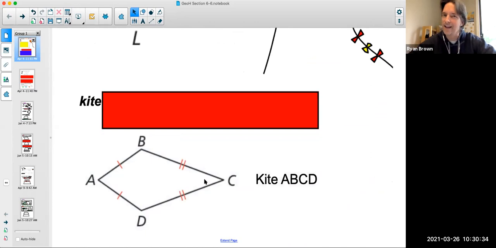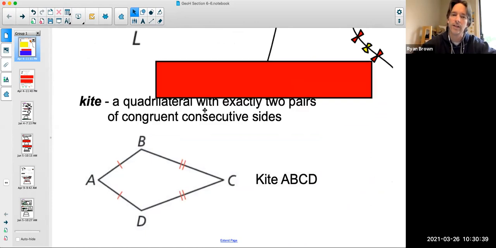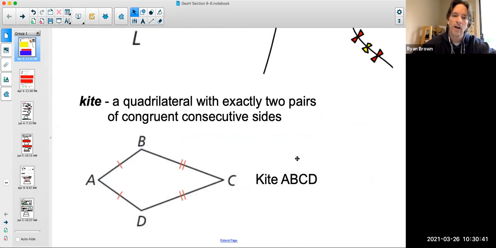But what makes a kite, and definitely not a parallelogram, is the fact that it has only two pairs of consecutive congruent sides, not opposite sides. And if you notice in this picture for kite ABCD, it's not AD and BC, not the opposite sides. That would make it a parallelogram, right? No, it's the consecutive sides.